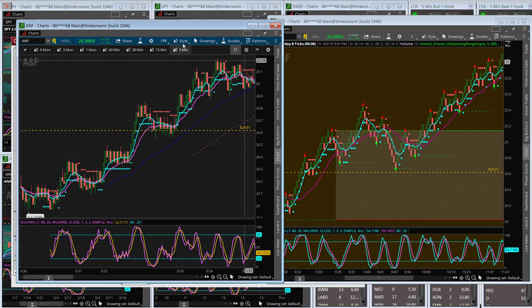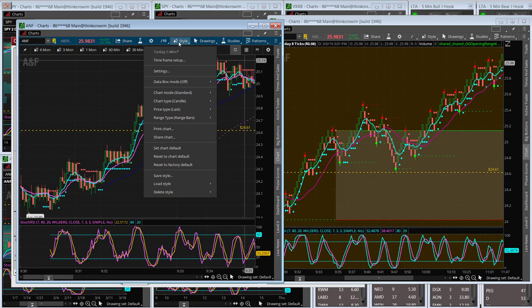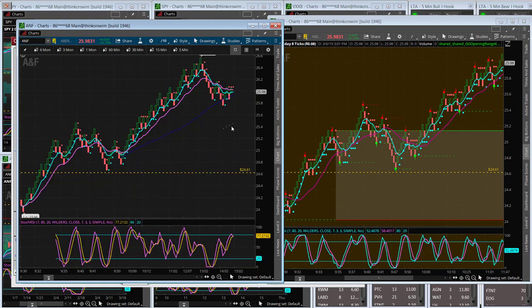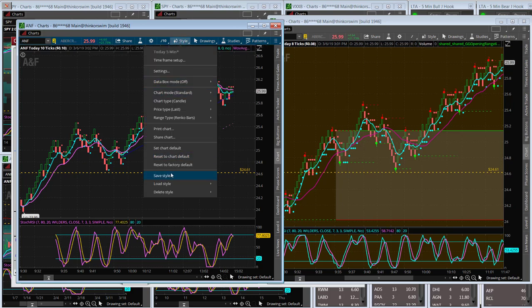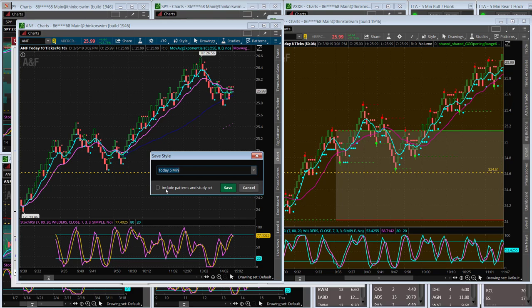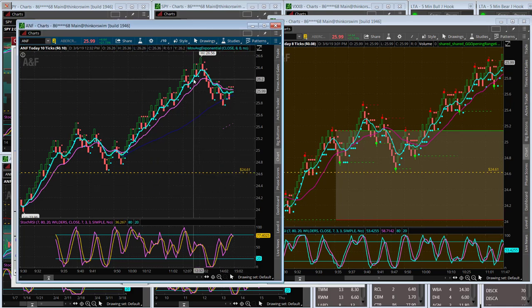It's because there's one more change that has to be done. The range type has to be changed from range bars to Renko bars. And then what I do is I save the style. When you do that, make sure you have the box here included. I'm going to hit cancel because I don't want that to overwrite the 5 minute.